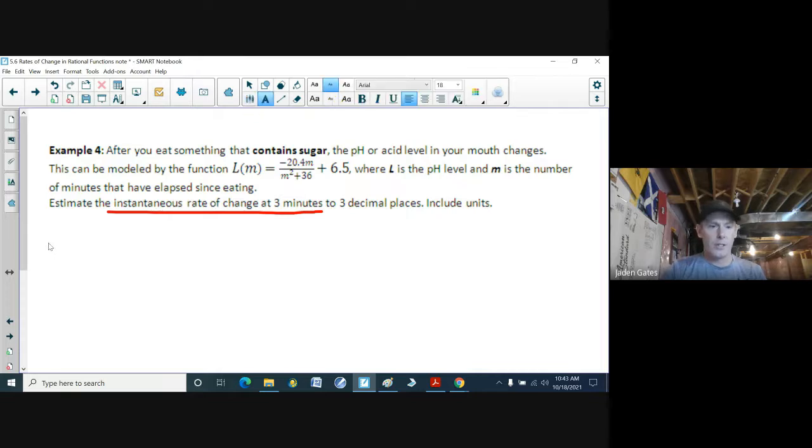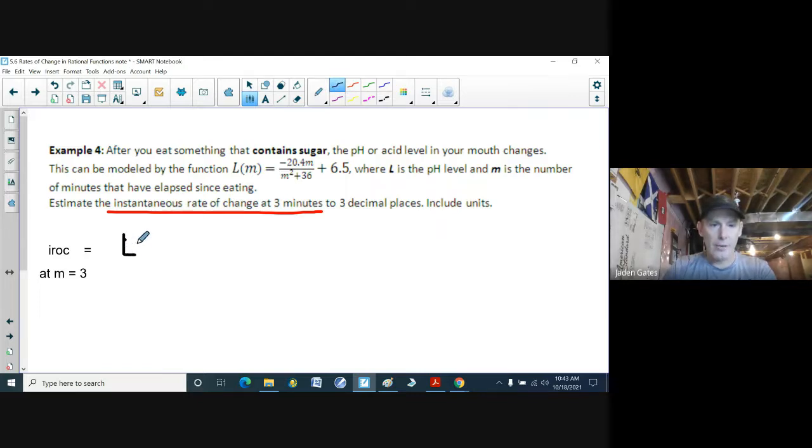So our instantaneous rate of change is equal to, and again, that is at, I guess we call it M this time, at M equals 3. All right, and so we have our L level. I guess L stands for level here. And so we're going to do 3 in a little bit.